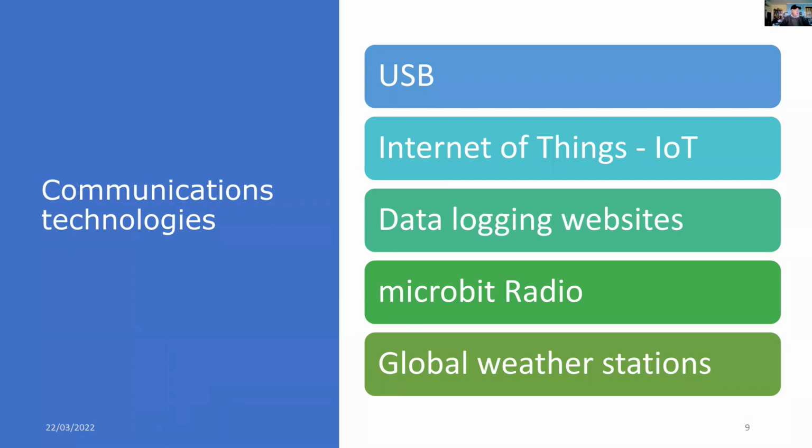So besides the computer, we'll be talking about communications technologies. We've already used the USB, but next week we'll talk about the Internet of Things, IoT, data logging, and I'll describe a project where I use 2 microbits.